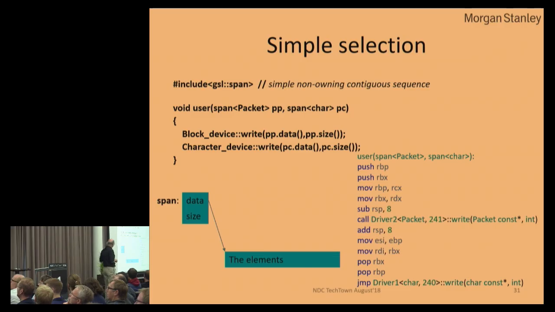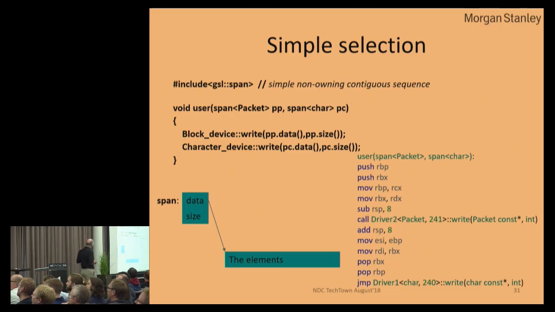But basically, you can pass data as a pointer and a size. So I'm having a span of packets, n packets for some n, and a span of characters, m characters, and I write the one out with the block device and the one out with a character device. Now the problem is that, yes, this is simple, but I have to know which kind of device I'm using all the time.